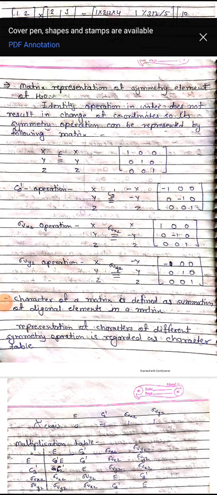You can see sigma v xz, that is the molecular plane itself. In this way, in the xz plane, if reflection is carried out, then there is no change in coordinates x and z, but there is a change in y. Y becomes minus y.